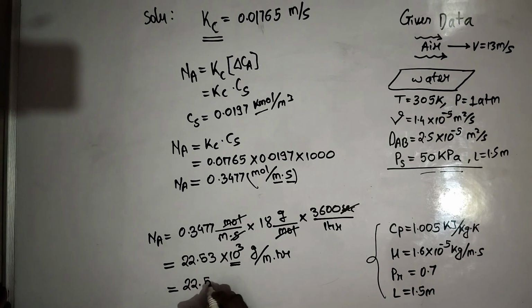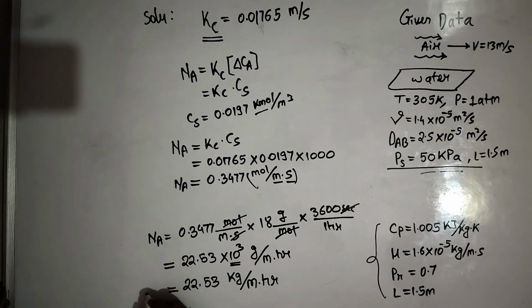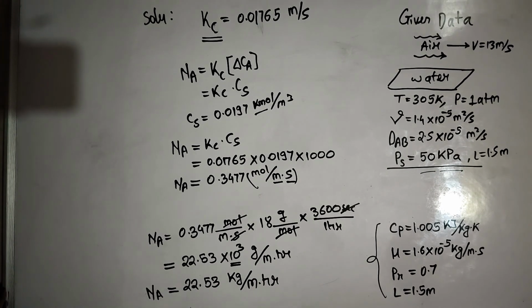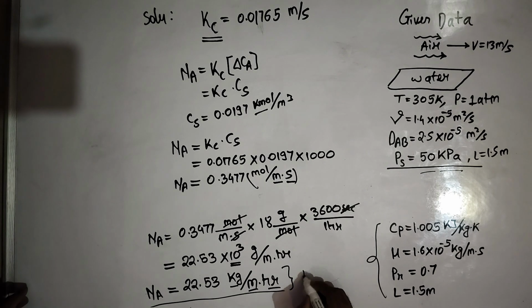So 22.3 kg per meter hour is Na. From this value we get the total water loss per hour per meter width of plate in kg. So this concludes part A of our solution.